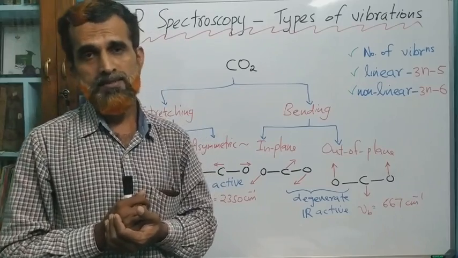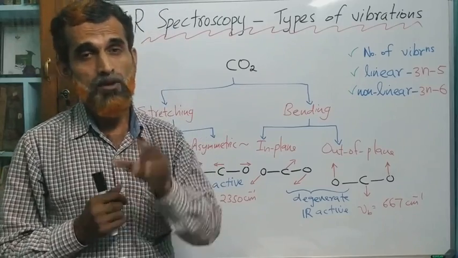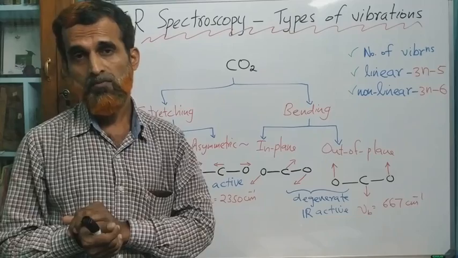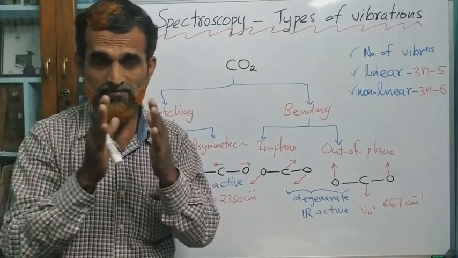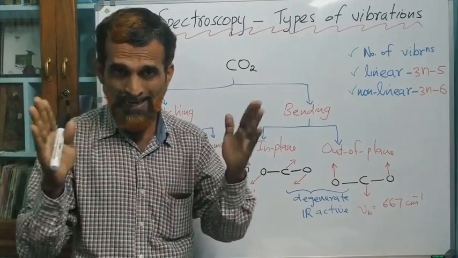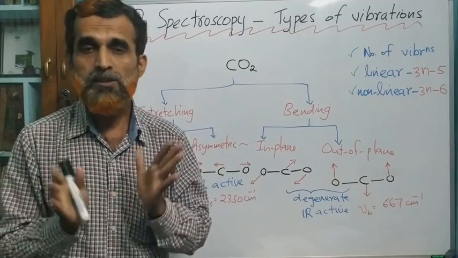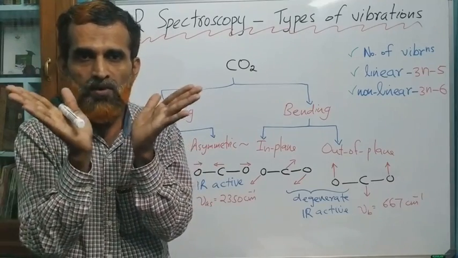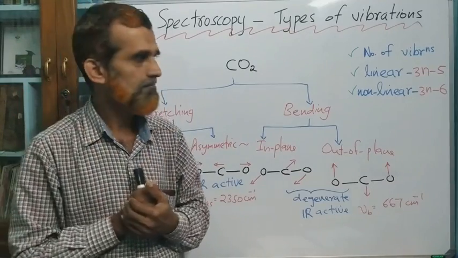And also that molecular vibrations can be of two types. One is called stretching vibration, where there is change in bond length, and the other is bending vibrations, where there is change in bond angle.